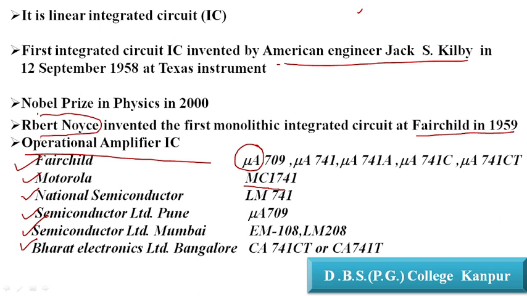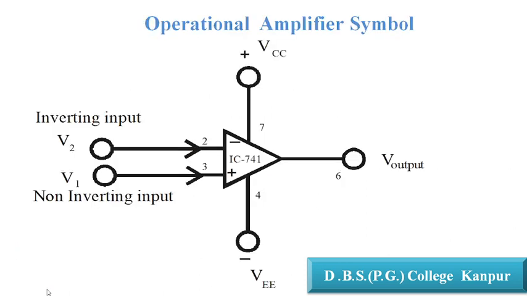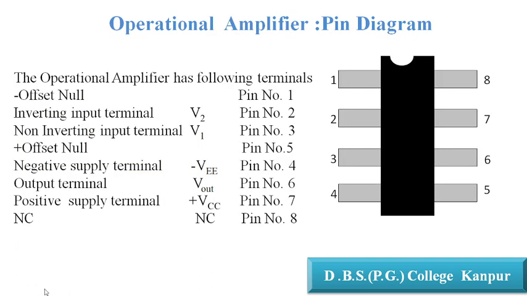Different companies of the world develop the MUA741. You can imagine the popularity of these ICs. They are very important ICs for future applications, and many applications and circuits are developed with them.